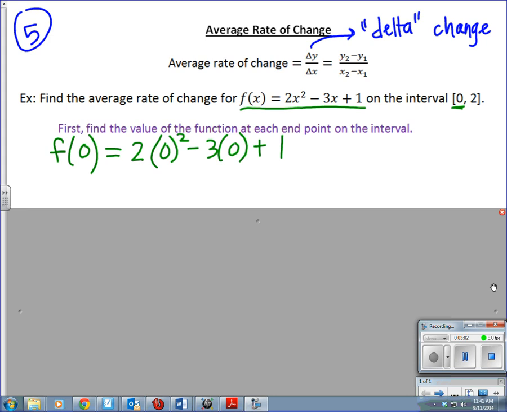So this 2 times 0 squared will be 0. 3 times 0 will be 0. So we'll be left with what? 1. So f of 0 equals 1. What that means is when you plug in 0 for x, you get a y value of 1. So that makes the ordered pair (0, 1).